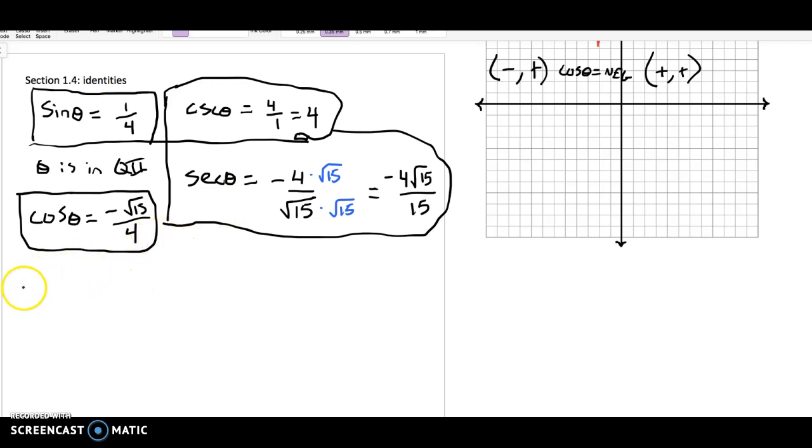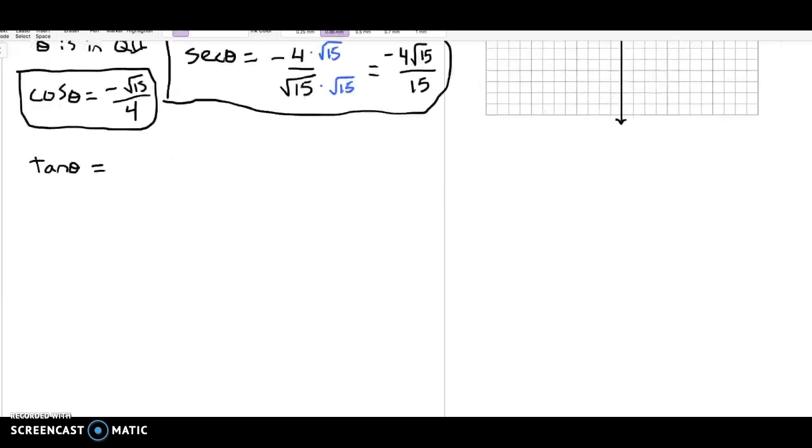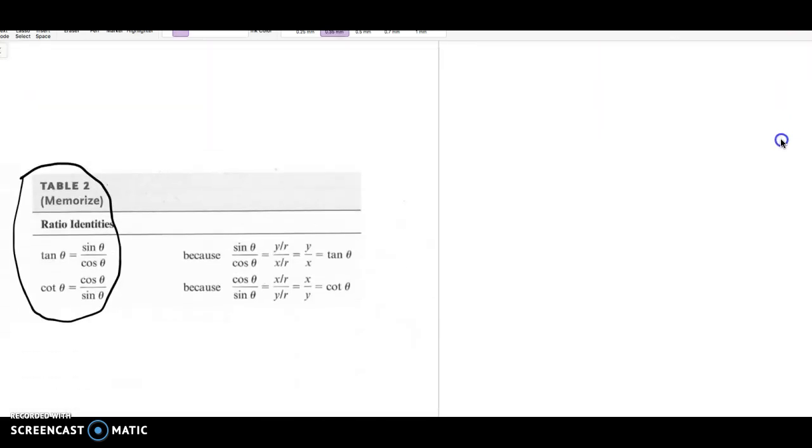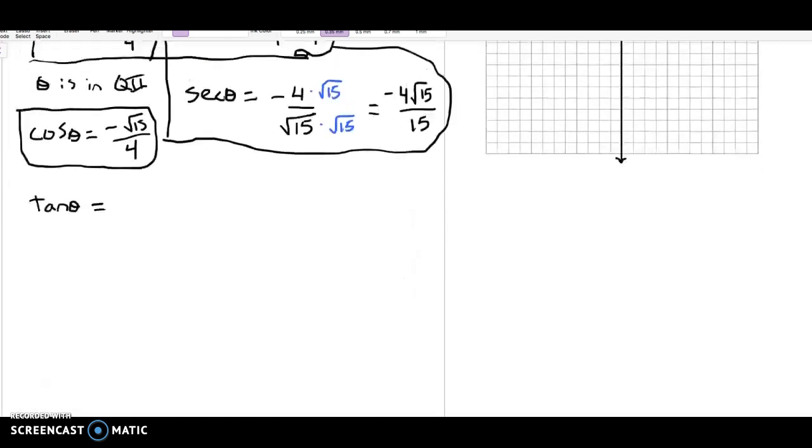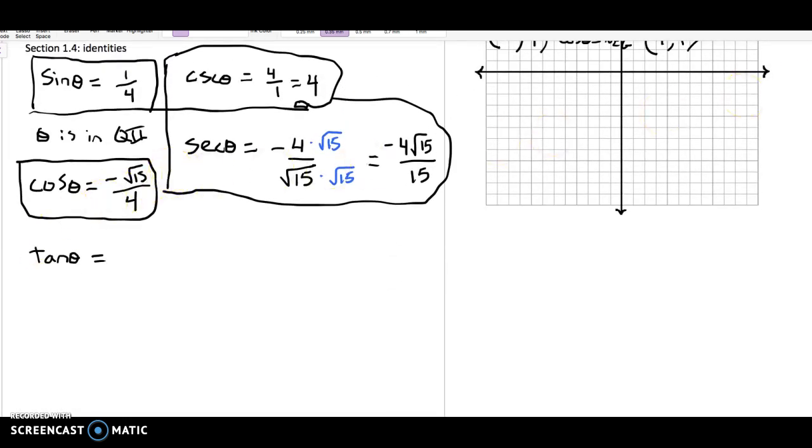The next identity I'm going to use to get my answer is the ratio identity for tangent. So that was found down here. You'll see in this table, tangent, it says, is sine over cosine. So we already have our answers for sine and cosine, don't we? They're right there. So instead of writing sine, I would write 1/4.